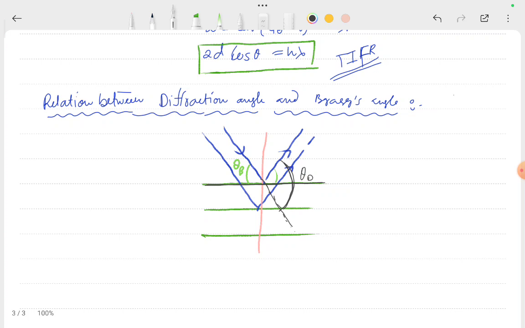So as we know, this is the angle theta b, and this is also the angle theta b. Both angles are theta b.